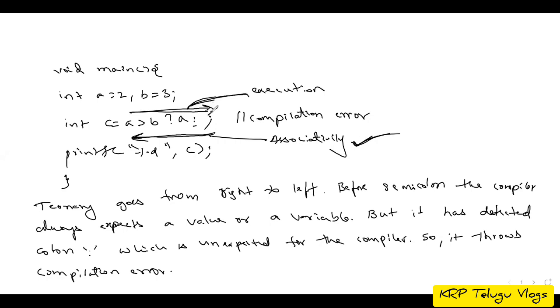This will go in runtime. Whenever you run the program, at that time it goes from left to right. Clear? This is while compilation. This is while running. Clear? Yes, sir. Clear.